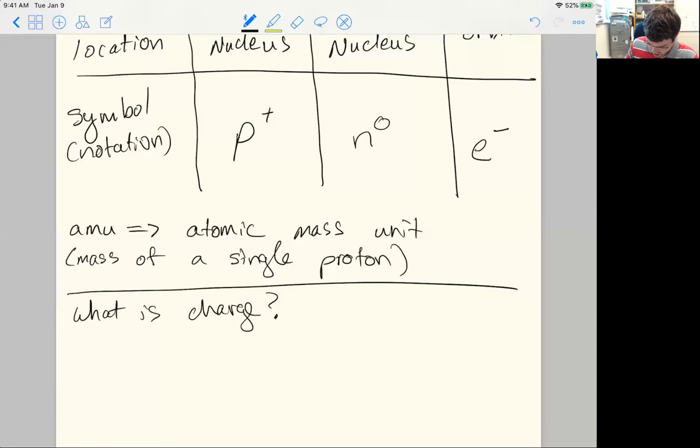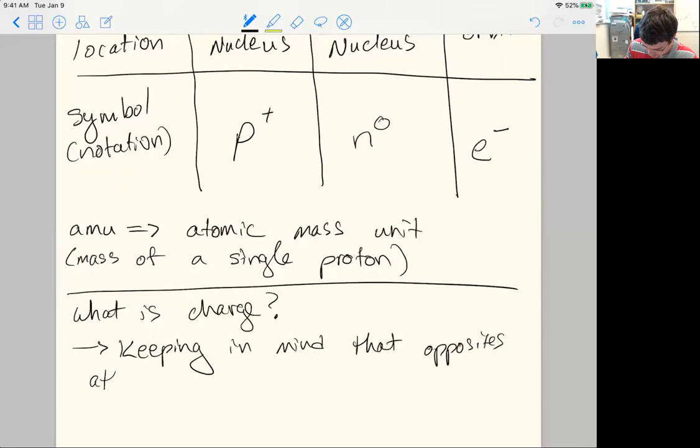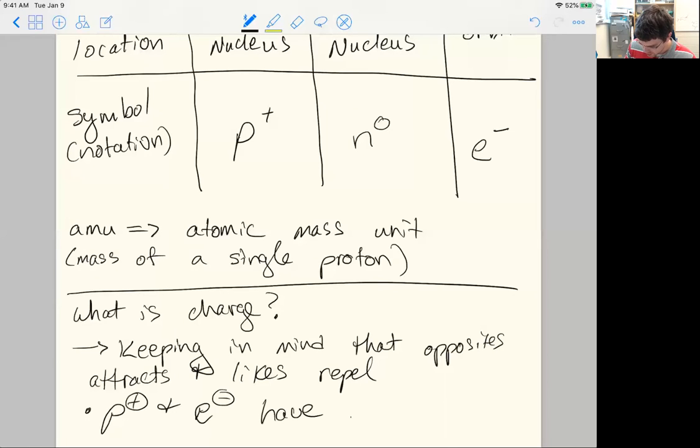So charge, keeping in mind that opposites attract and likes repel, what charge tells us is that the proton and electron have opposite charges.